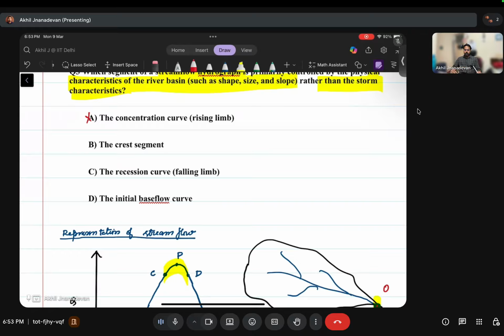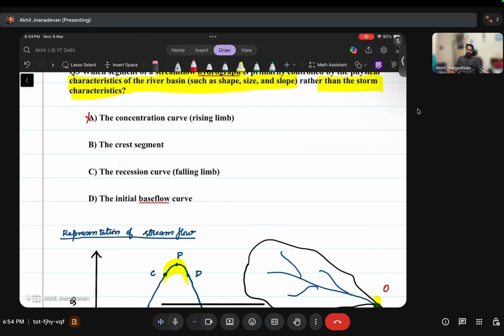If the shape is like an eight, two ovals connected, where the catchment width reduces in the middle, the rising line will be different. And also, if the storm intensity is high or low, the rising line will be different.